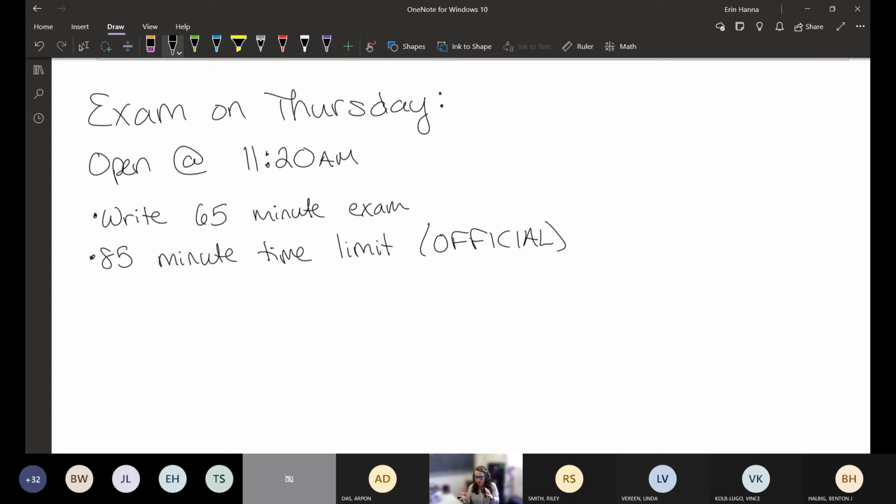If you have a class directly after this or whatever, you might want to start it that 20 minutes early so that you can take the full 85 minutes if you need them. That time limit is official, so it is not like the quizzes. You will not be able to keep working after the 85 minutes. It will actually just submit itself and you'll just be done.